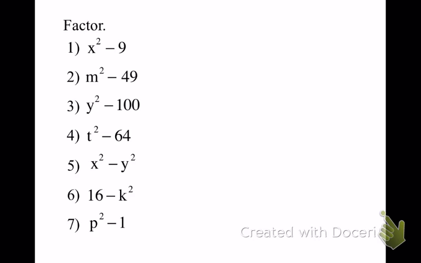Okay, so when we're given this difference of squares, we know that this is what it looks like, so we're just going to be going backwards. And here's how we do that. If there's only two terms, the only kind of binomial that can be factored is one called a difference of squares.